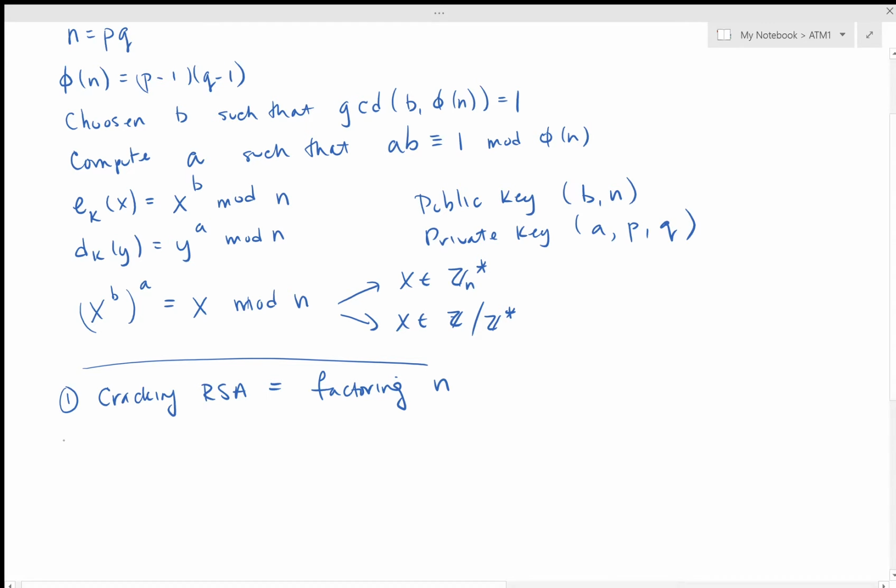Okay, that's one thing. The second thing we noticed when we were doing our small examples to see how this worked was that if we're trying to make a calculation like x to the c mod n, so this is a modular exponentiation, and we go ahead and do this without much thought, then it is incredibly slow.